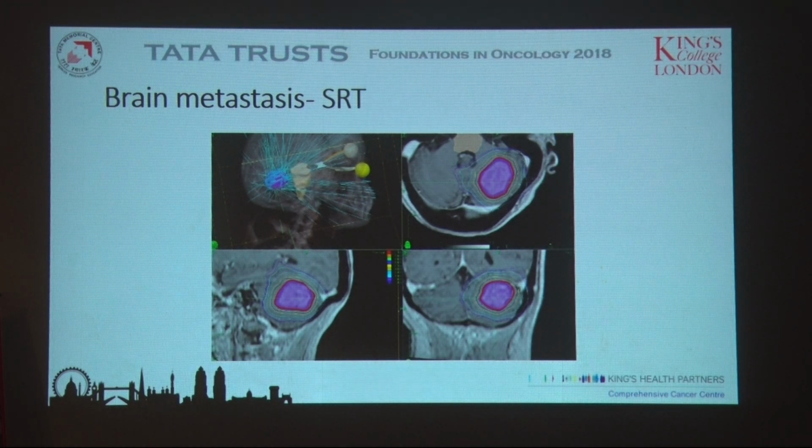So somebody with brain mets, again, this is the brain stem, the eye, the optic nerve, the chiasm, and this is a lesion in the cerebellum. And again, you can give high doses of radiation to these areas and minimal radiation to the surrounding tissues.